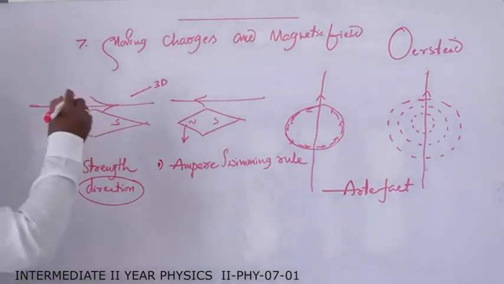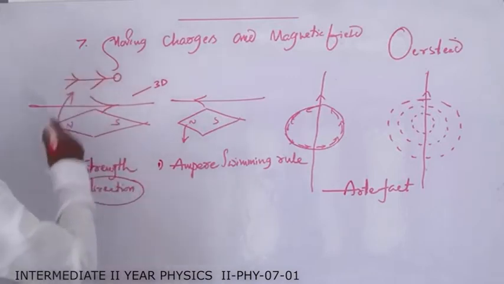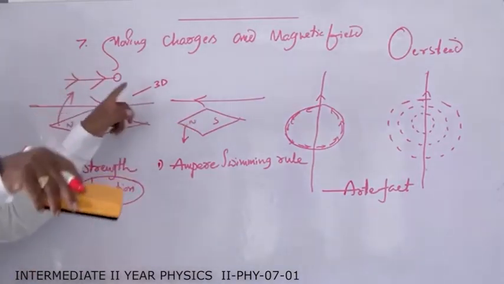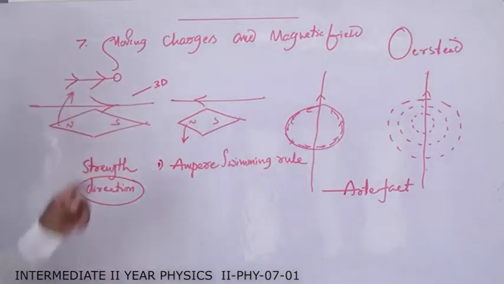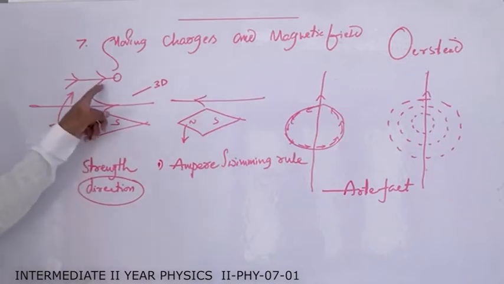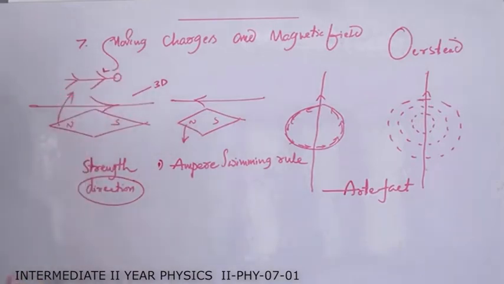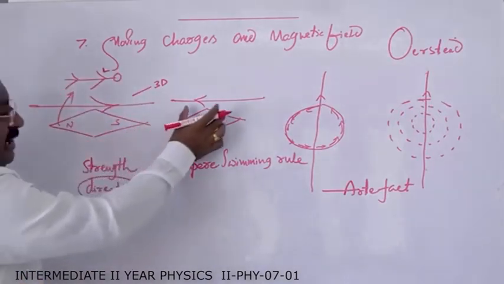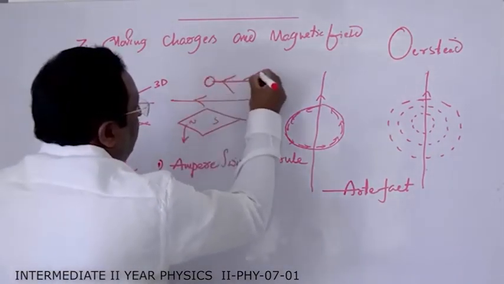According to Ampere's swimming rule, if you want to know the deflection of the magnetic needle, imagine you are swimming in the direction of flow of current with your hands stretched, and your face is toward the conductor. Then the north pole of the needle deflects towards your left hand side.